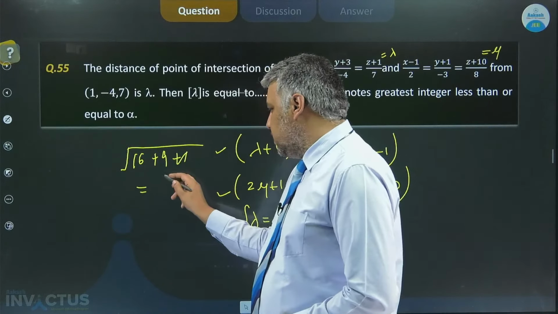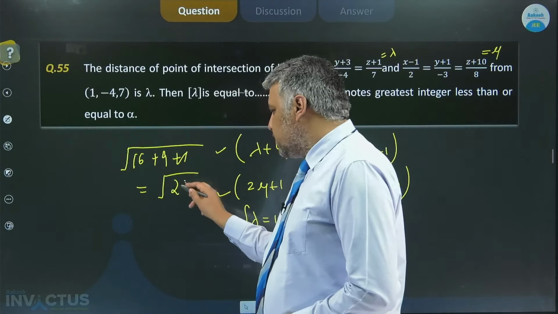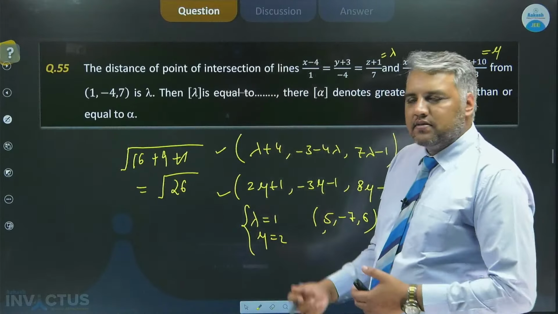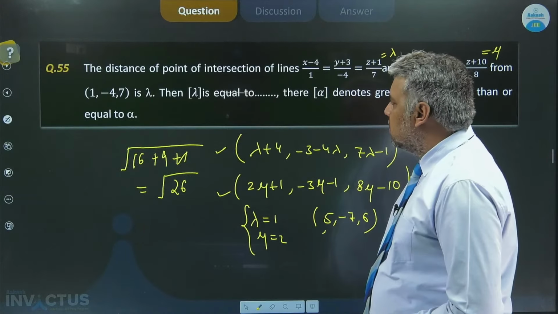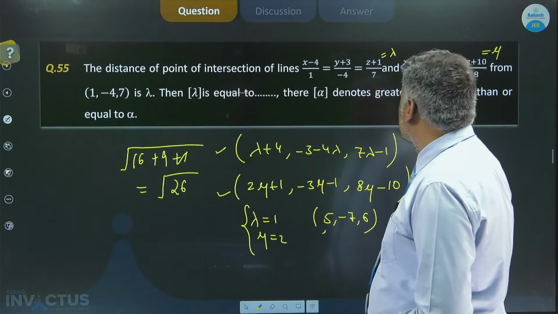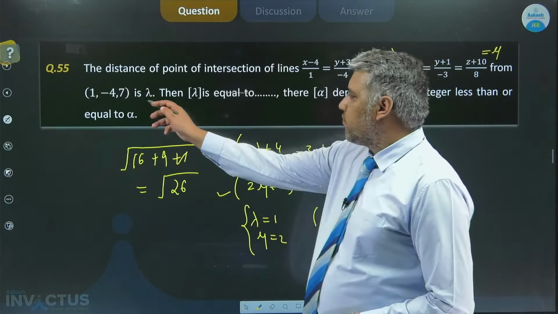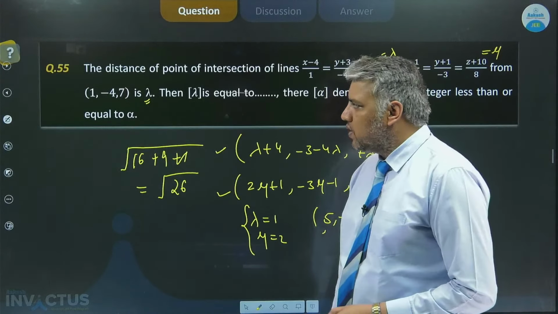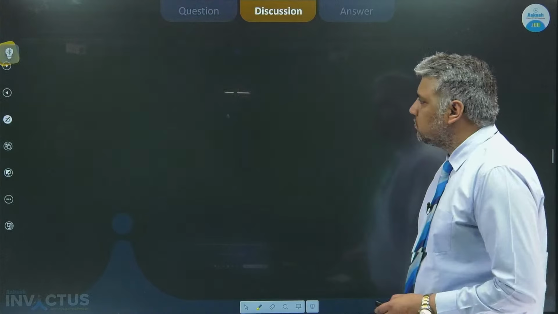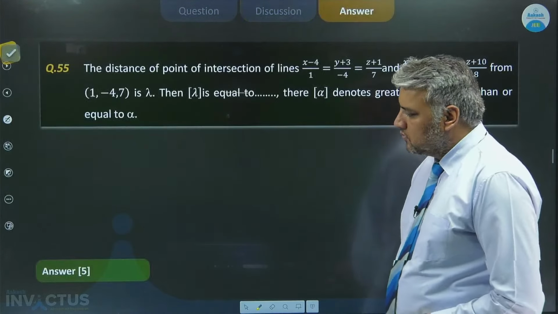So distance is actually root of 26, which will be 5 point something. So the greatest integer of the distance is 5. So answer must be 5. 5 is the answer.